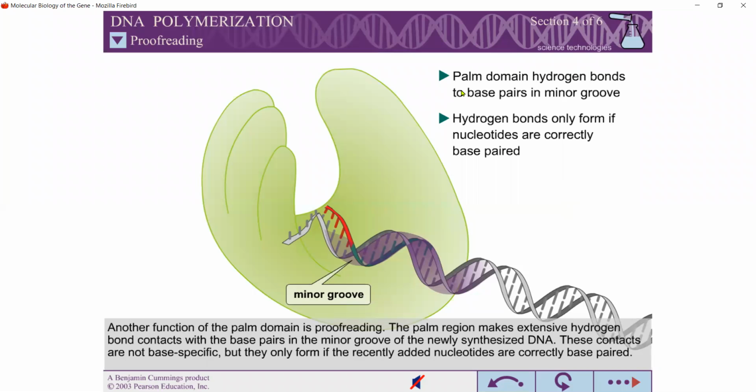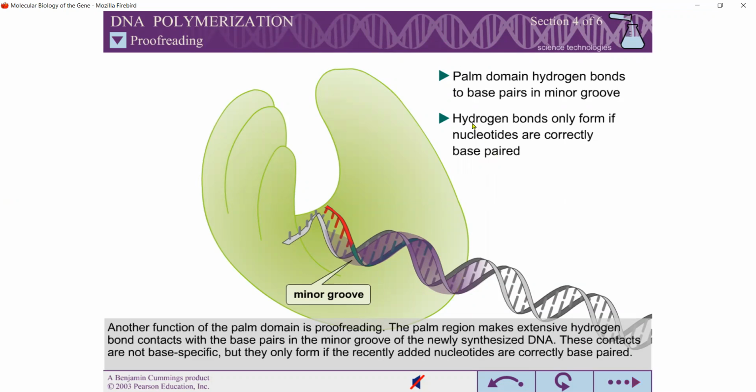Now, as I said, the palm domain has one important role. It ensures that a proper base is attached to the template DNA. And once that proper base has been attached, it forms hydrogen bonds with the minor groove of DNA, as shown by the purple.